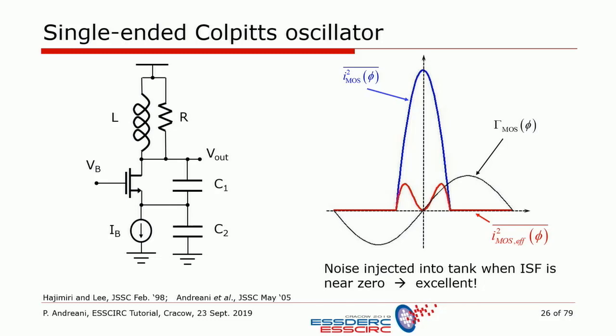Well, because in this case, the associated gamma function is not at the maximum as in the previous case. It's not 1, but is actually 0 or almost 0. So you can see the difference between the blue curve, the noise that you would put in your equations if you didn't think of time variancy, and the red curve, which is the correct one.